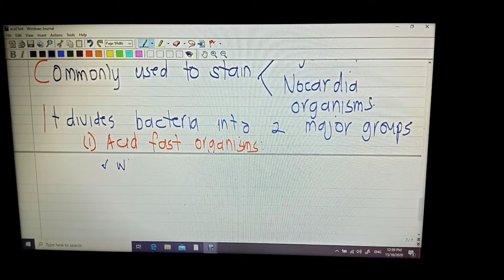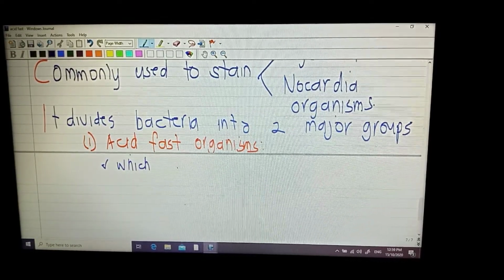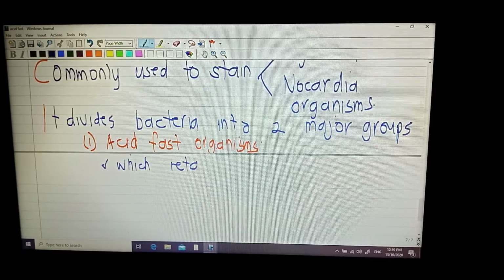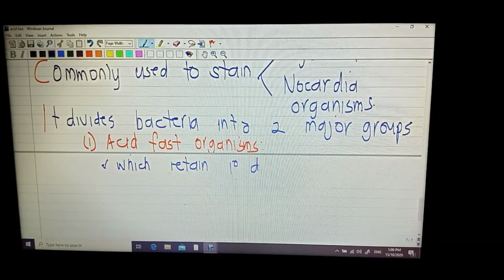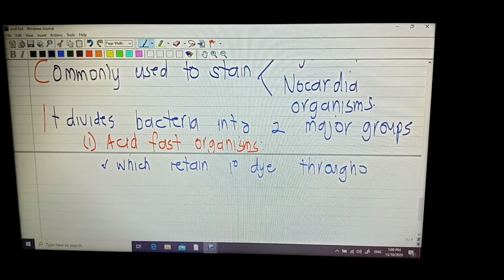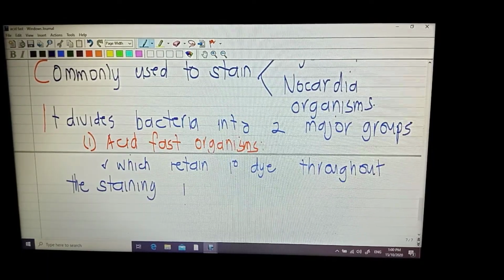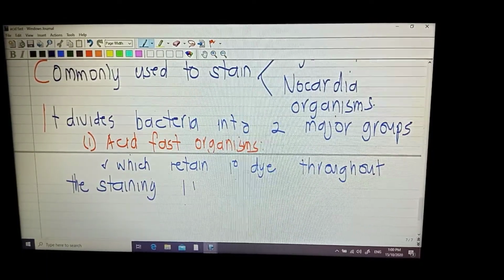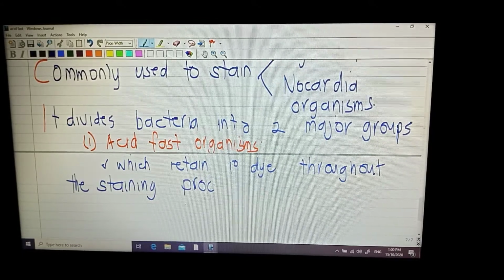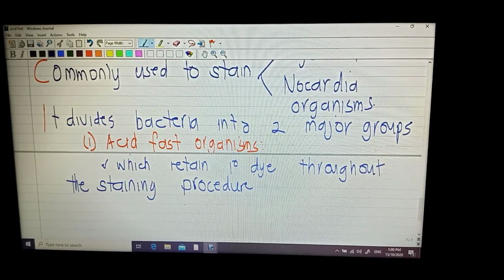Okay, these acid-fast organisms retain the primary dye throughout the staining procedure.